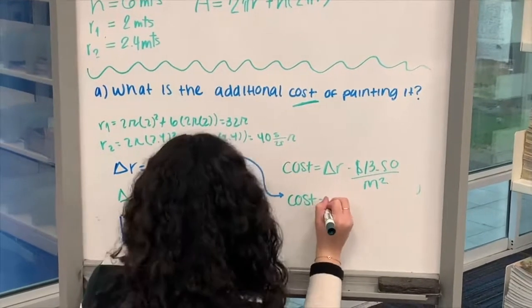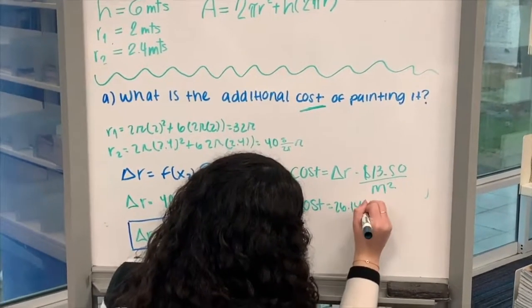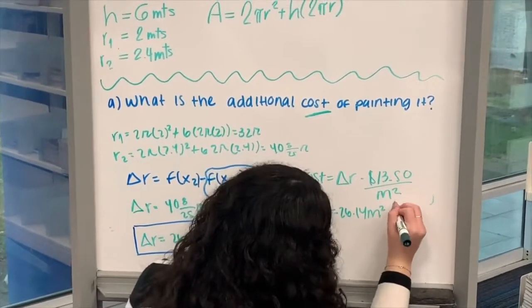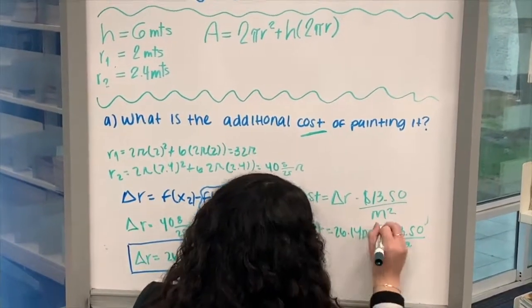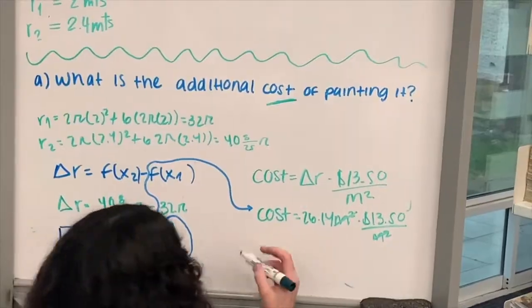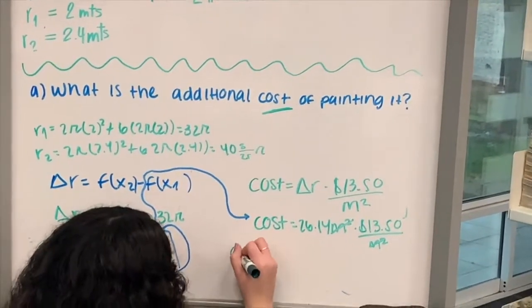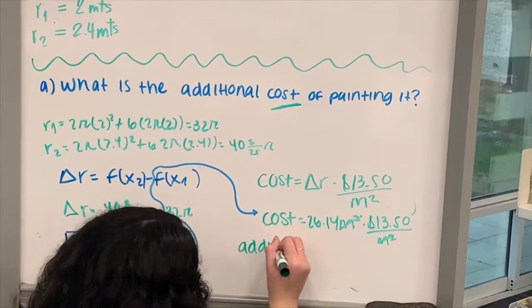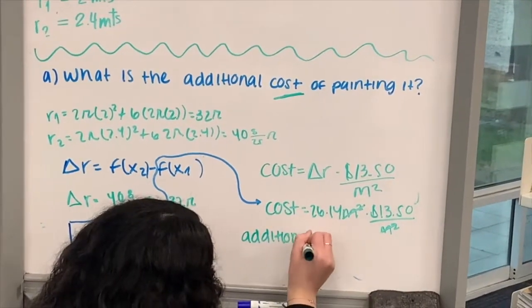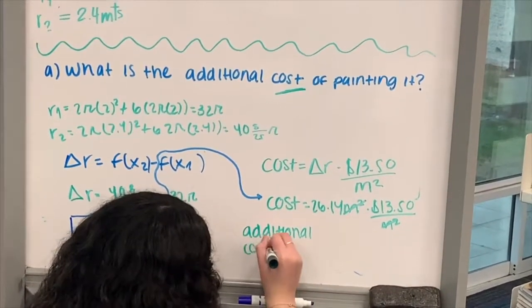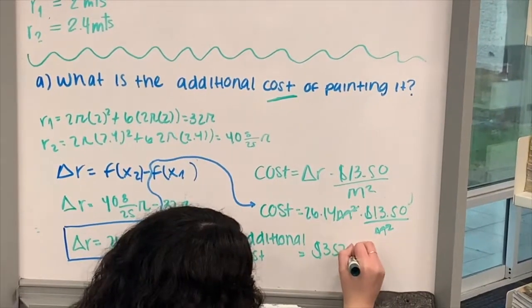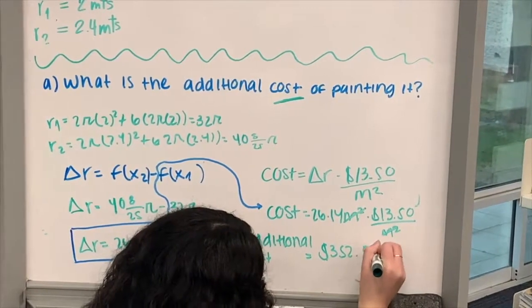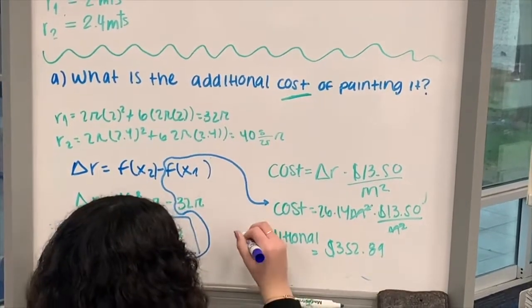Cost equals 26.14 meters squared times $13.50 over meters squared. So now we're just going to cancel out the meters squared. After you cancel the meters squared, the only thing left to do is to multiply to get the additional cost. Once you've done this, you'll get the result of $352.89.